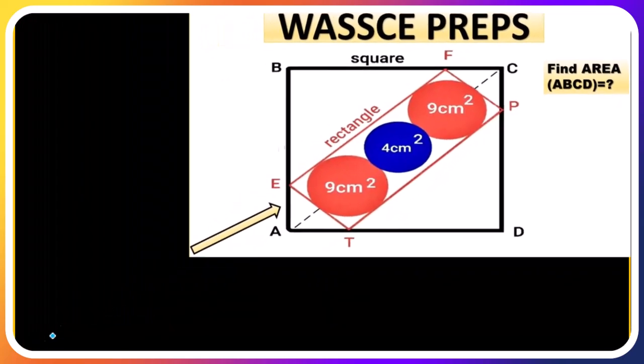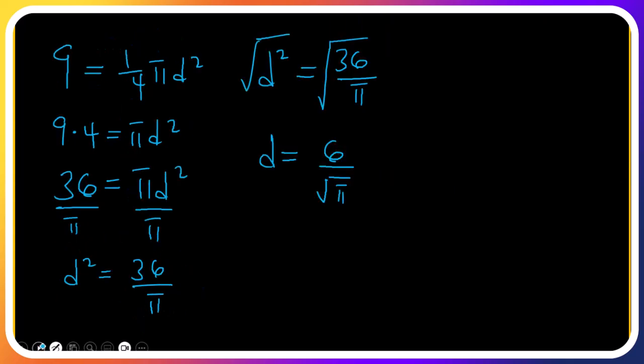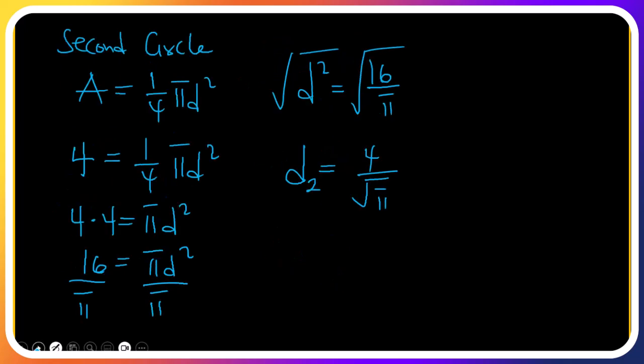The diameter for the first circle was 6 on square root of pi, which is the same as the diameter for the third circle, 6 on square root of pi. So we've gotten three diameters.